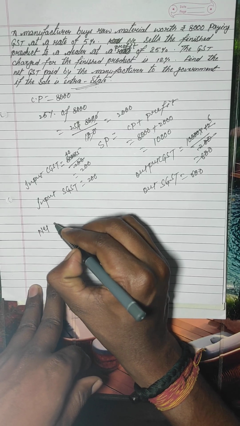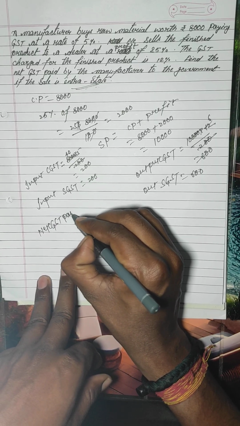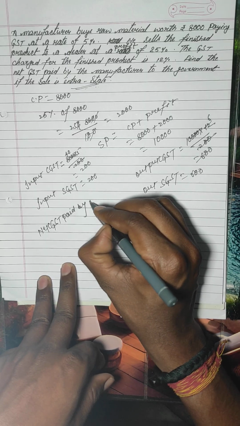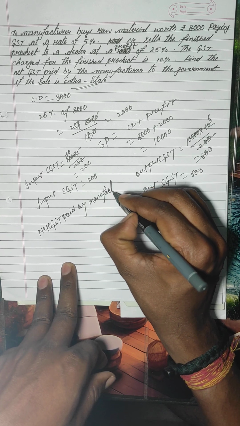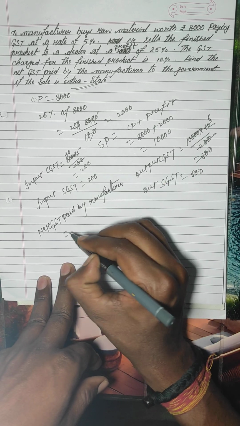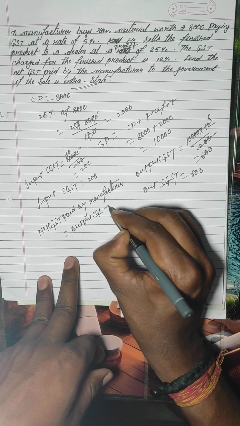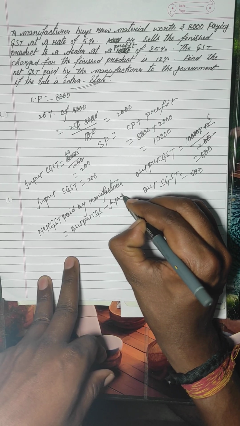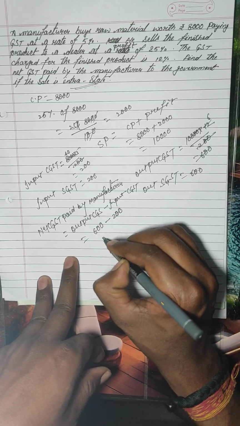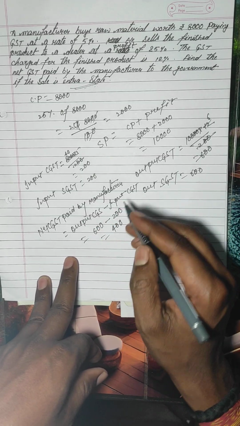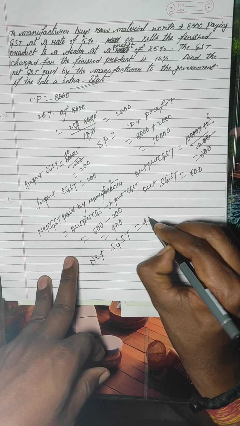So net CGST paid by the manufacturer is equal to output CGST minus input CGST, which equals 600 minus 200 is equal to 400, and net SGST will also be the same.